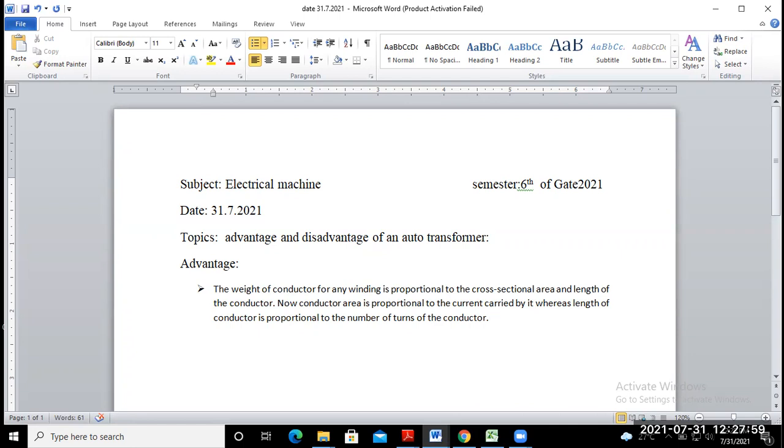Similarly, for winding BC, the current flowing is I2 minus I1 and the number of turns is N2. So let us find the individual weights of windings AB and BC. The weight of winding AB is directly proportional to the number of turns and the current carried by the winding.